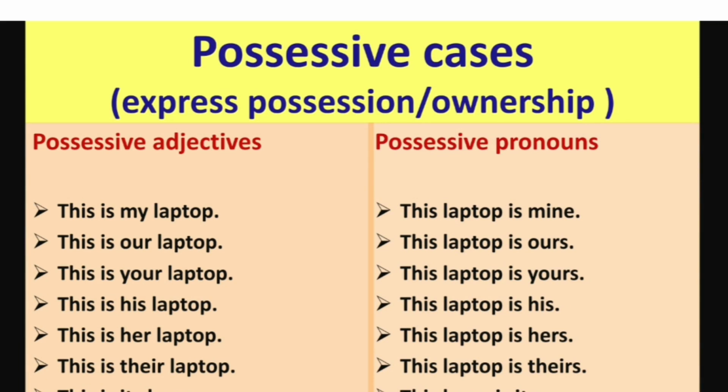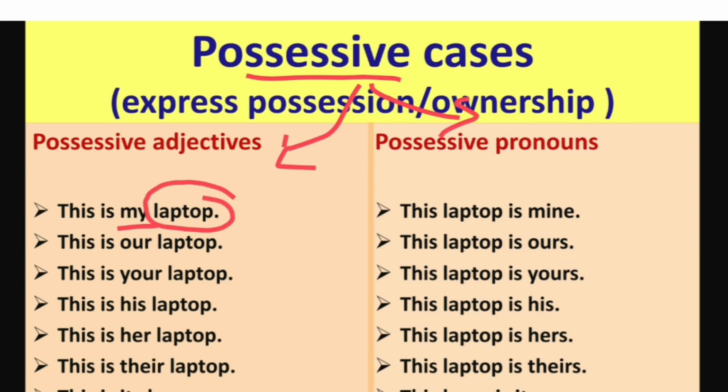Now we will understand possessive cases. As I said, there are two types: possessive adjectives and possessive pronouns. This is my laptop. Whose laptop? My laptop. So I own this laptop. I possess this laptop.